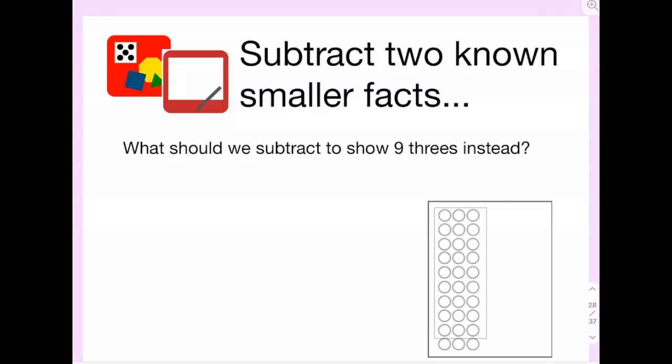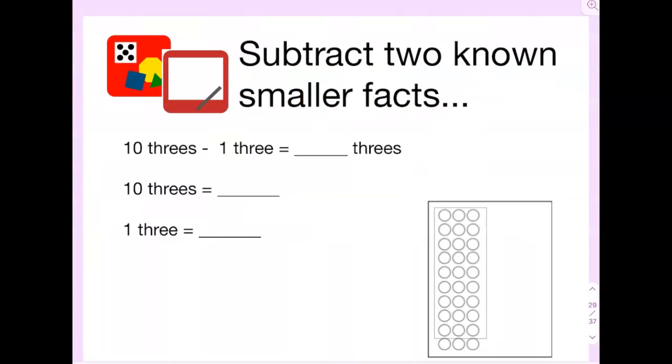So what are we going to subtract to show 9 3's? We're going to subtract one group of 3, aren't we? So 10 3's minus 1 3 equals 9 3's. 10 3's, if we skip count, here we go, 3, 6, 9, 12, 15, 18, 21, 24, 27, 30. 10 3's is equal to 30. 1 3 is equal to 3.